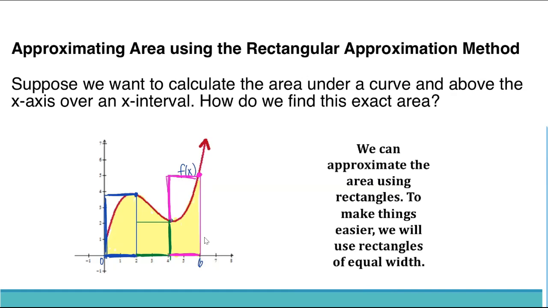But this is an approximation for that actual area under the curve and above the x-axis over the interval from 0 to 6. So in this section, we're going to play around with using rectangles to approximate area. We're going to change the number of rectangles, which will change the width of the rectangle, and we'll choose some different values to define the heights for different examples.